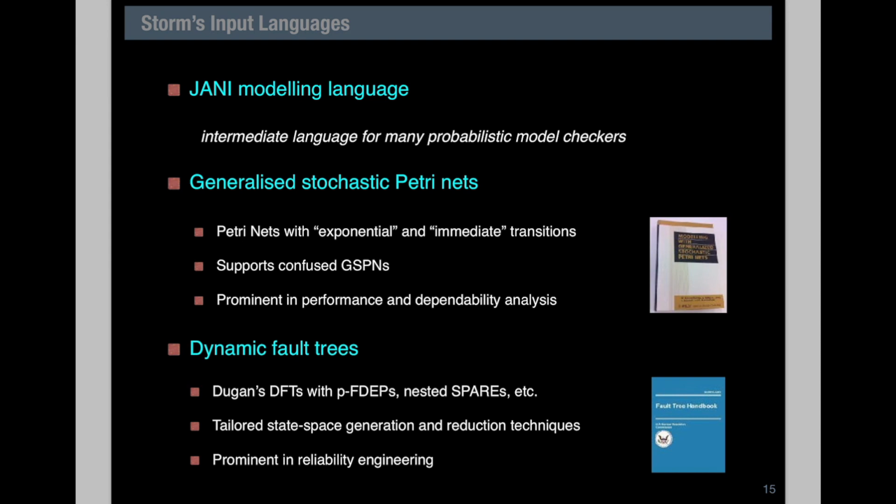We support generalized stochastic Petri nets, which is a very prominent model in performance and dependability analysis, and which also can be used to, for instance, model distributed systems. And we support a notion which is called dynamic fault trees, which is a prominent model in reliability engineering. So these are native input languages. And that means that, for instance, there are tailored state space generation techniques, tailored reduction techniques for these specific input languages.